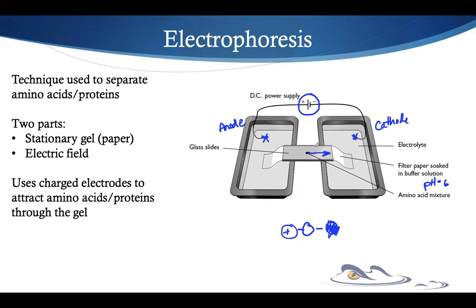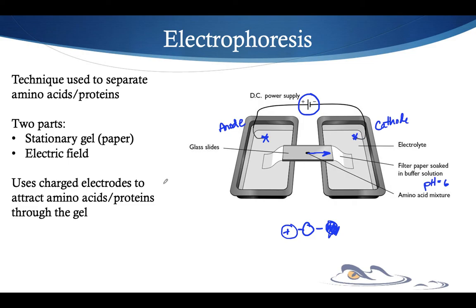So depending upon what environment we use, the pH of the buffer system, we can change the charges on these particular amino acids and cause them to be attracted to one side or the other in this electrophoresis process.